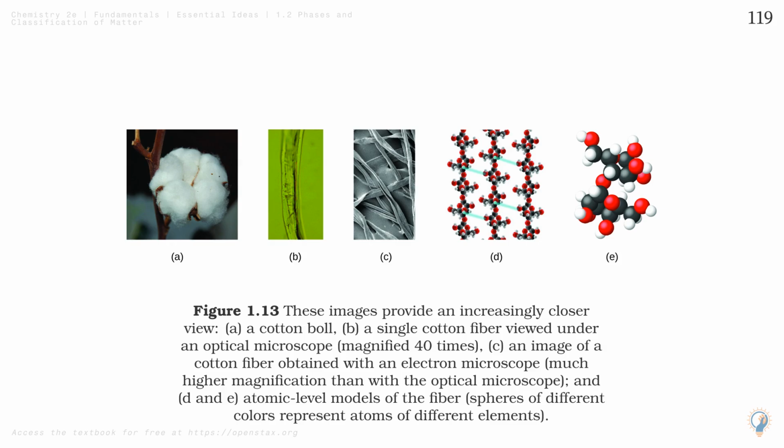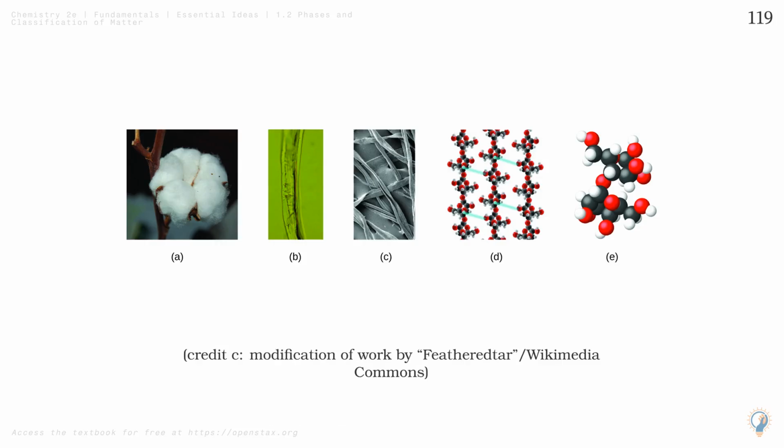C. An image of a cotton fiber obtained with an electron microscope, much higher magnification than with the optical microscope. And D and E. Atomic level models of the fiber. Spheres of different colors represent atoms of different elements. Credit C. Modification of work by Feathertar/Wikimedia Commons.